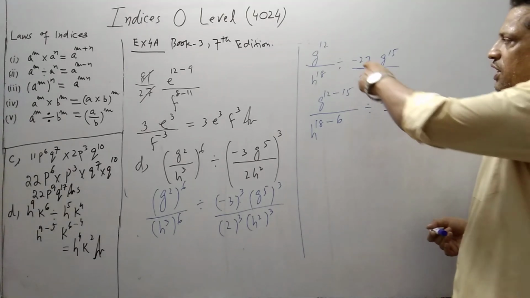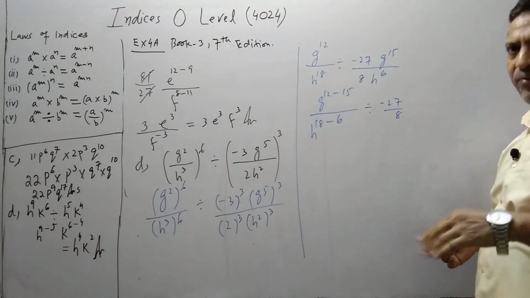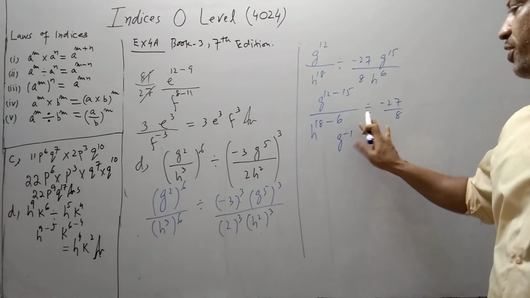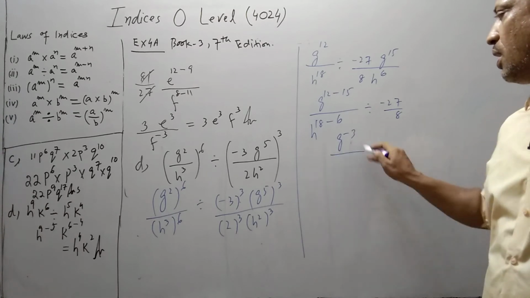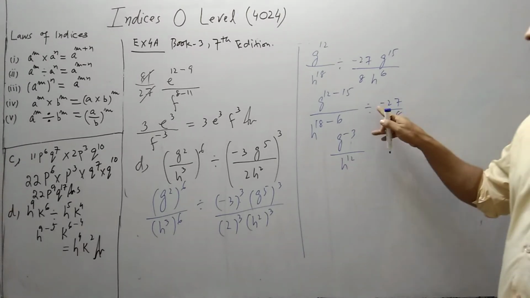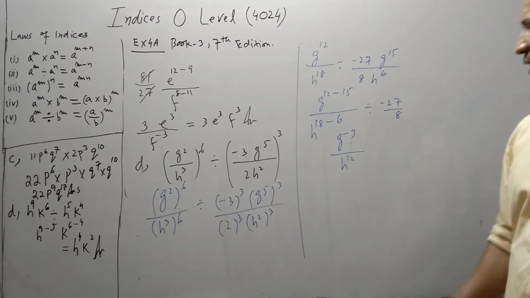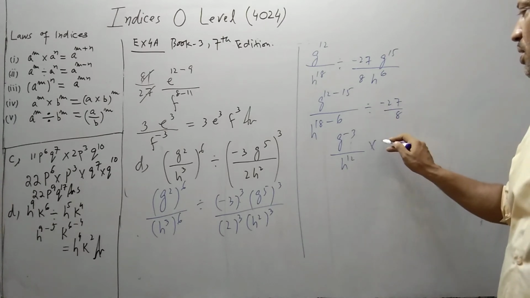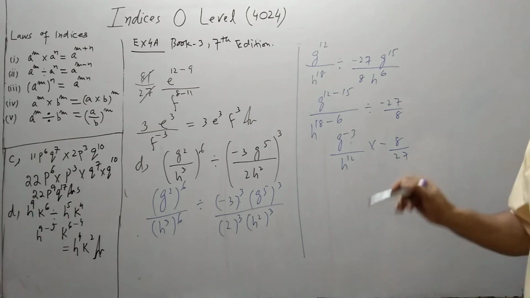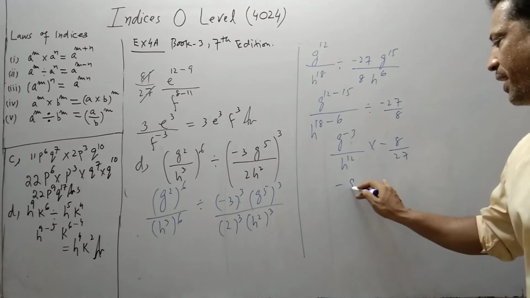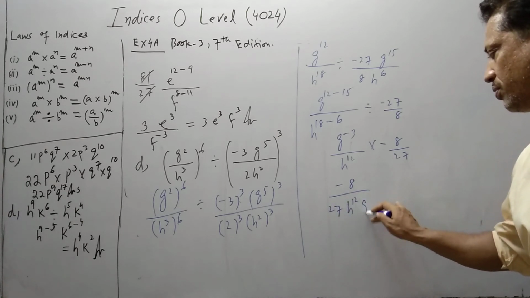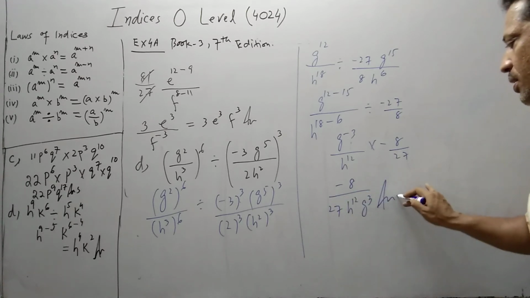I don't touch this minus 27 and this 8 for a while. So g^(12 minus 15) is g^(minus 3), h^(18 minus 6) is h^12, and this minus 27 upon 8 divided by becomes minus 8 upon 27. And now the final answer is minus 8 upon 27, h^12 g^3.